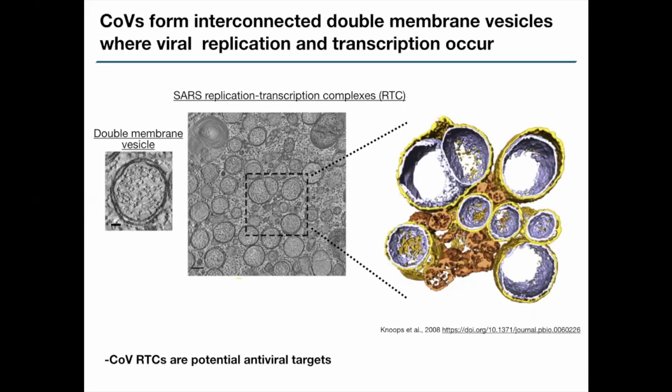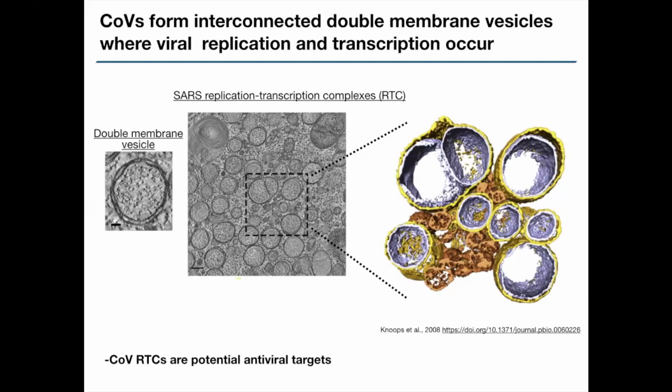And I'm showing you here some images from a reference that I've cited below that come from cryo-electron tomography of coronavirus infected cells. And you can see on the far left an EM image showing one of these classic double membrane vesicles that are formed in infected cells.